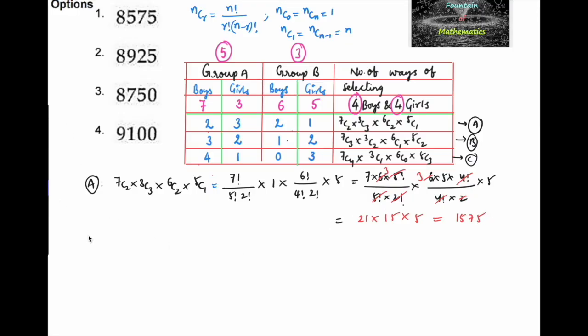Now let's consider the second case. The second case we can write as 7C3 into 3C2 into 6C1 into 5C2. So we can write the 7C3 value, where the denominator will be 4 factorial: 7 into 6 into 5 into 4 factorial divided by 4 factorial into 3 factorial, which is 6.